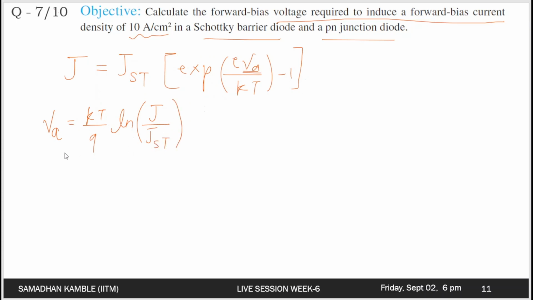So this is the value of the forward bias voltage required.